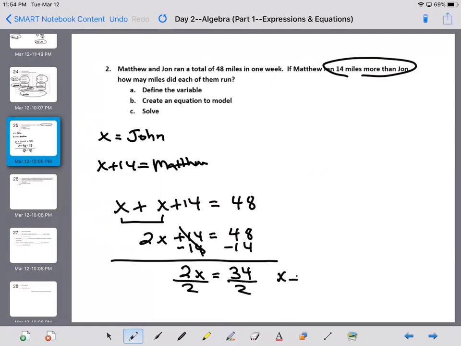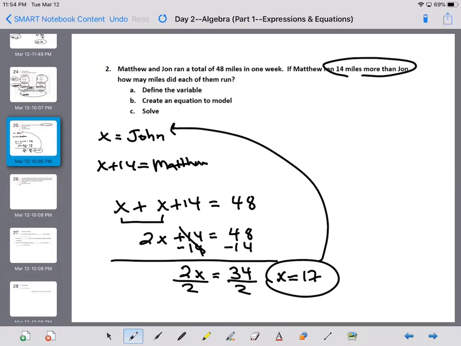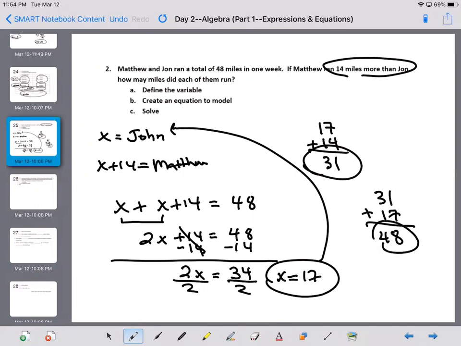So this means this is what John ran, since we said John was representing X. So 17 plus 14 is going to be 31. That's what Matthew ran. So if we say 31 and 17 and add them together, we're going to get 48, which is what we know they ran together in 1 week.